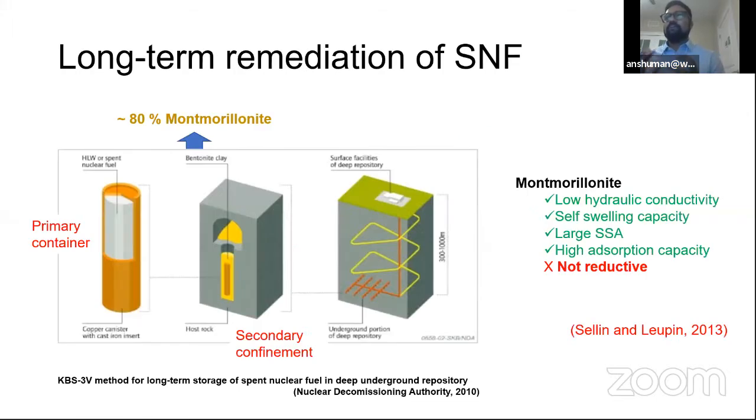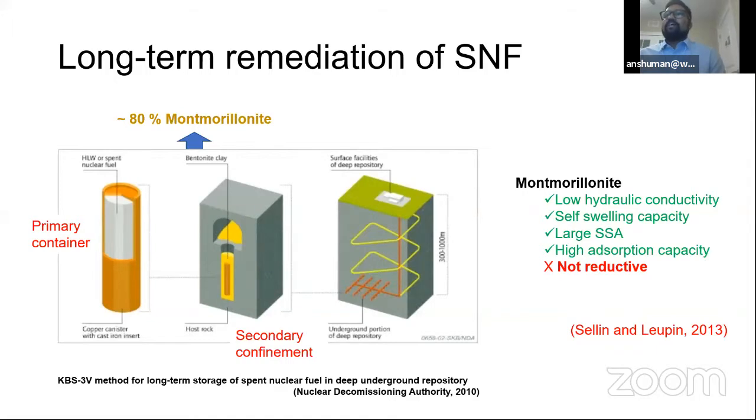Now, I gave you all this background. Here, in this one slide, I'm going to summarize the actual problem of using some high specific surface area material to remediate spent nuclear fuel, which is basically uranium oxide, generated as a waste.